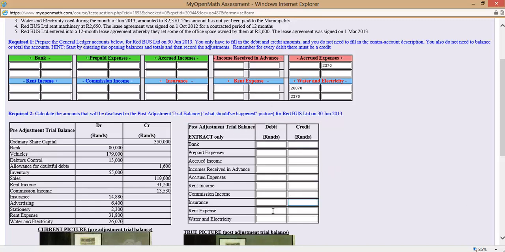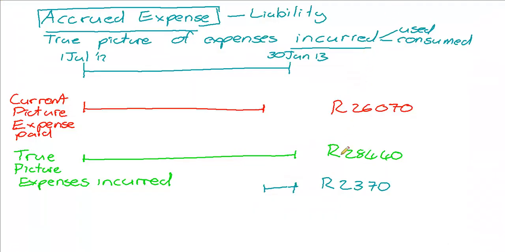Then finally I can complete my post-adjustment trial balance for water and electricity and accrued expenses. My new water and electricity amount is the 26070 plus the 2370 adjustment, and we already calculated that to be 28440.